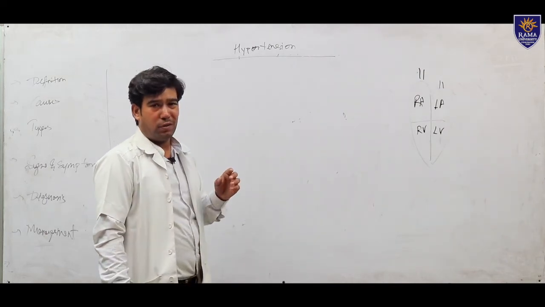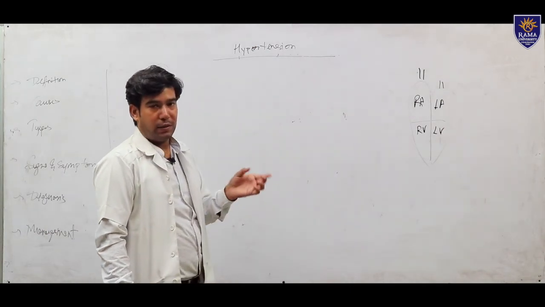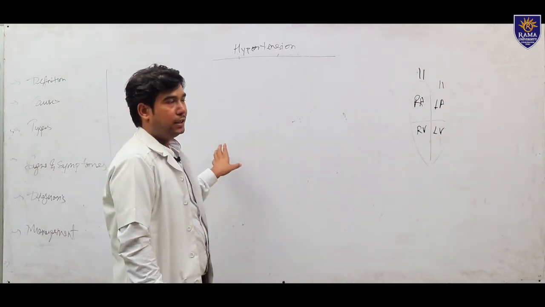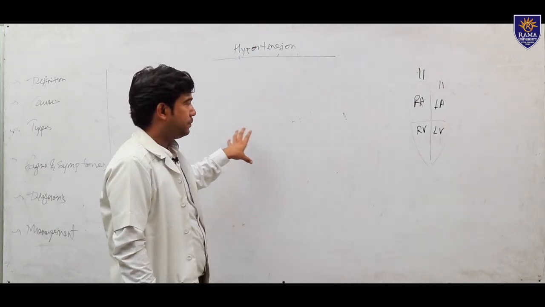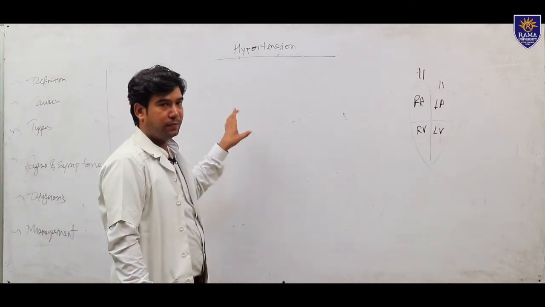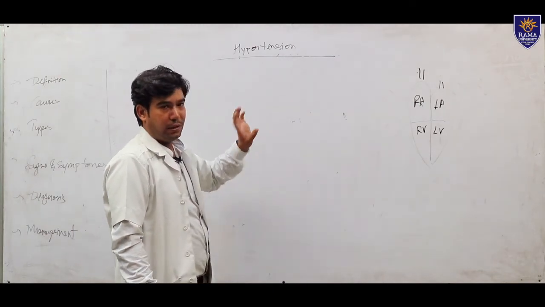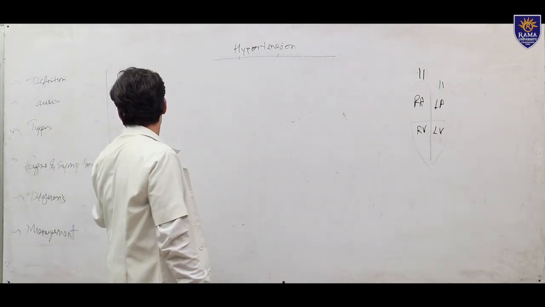There are 2 or 3 types. First is normal at 120/80, then stage first is 140/80, and stage second is 160/90. These are the hypertension types.